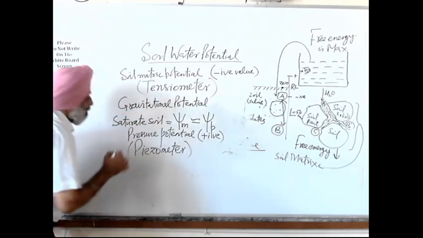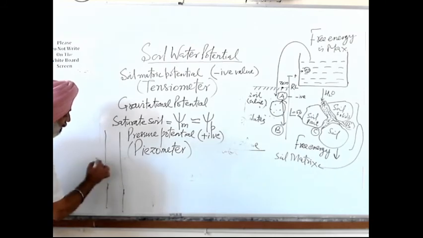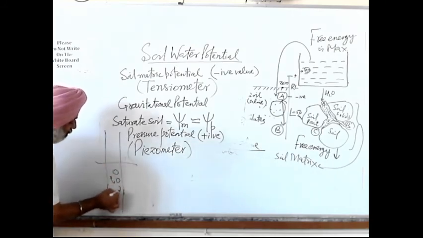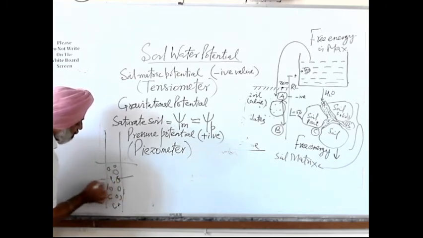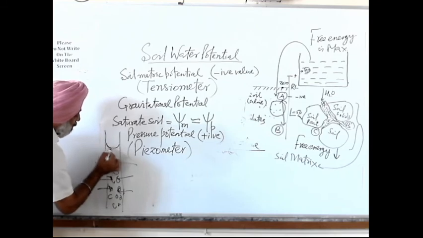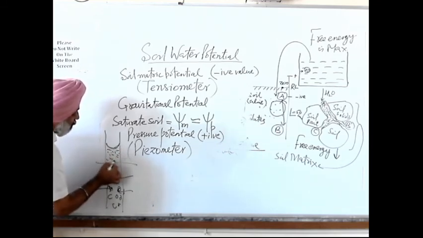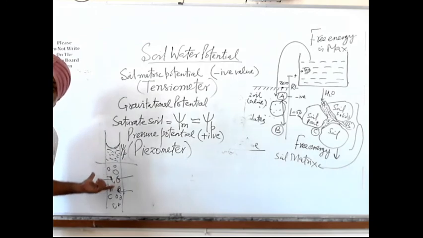So piezometer is simply a tube which is inserted into the soil, having one third of its length perforated. Water enters from all these perforations, and ultimately water rises like this. And the level of water over here gives us the pressure potential value. Based on this, we install the tube wells.